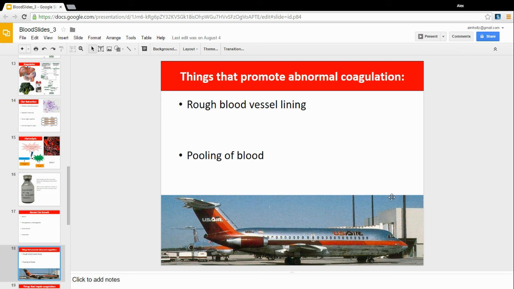If blood is pooling too much, like if you're sitting on a long airplane ride, flying to New Zealand, and blood is pooling in your superficial leg veins, you might end up with too many procoagulants in one spot, whereas normally you disperse them throughout your body. If blood is pooling, you get too many in one spot, and then they can turn each other on.